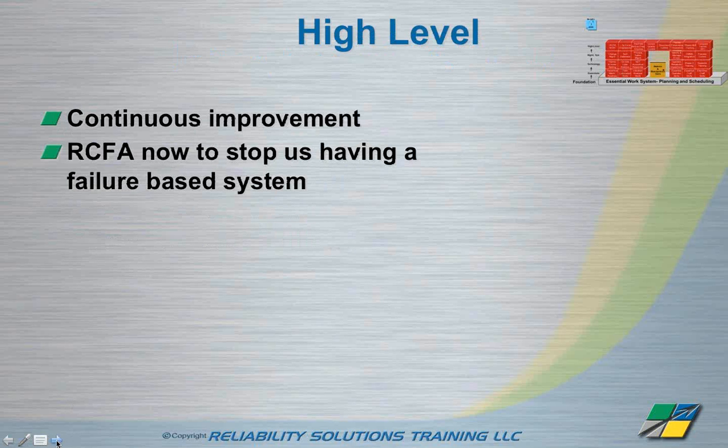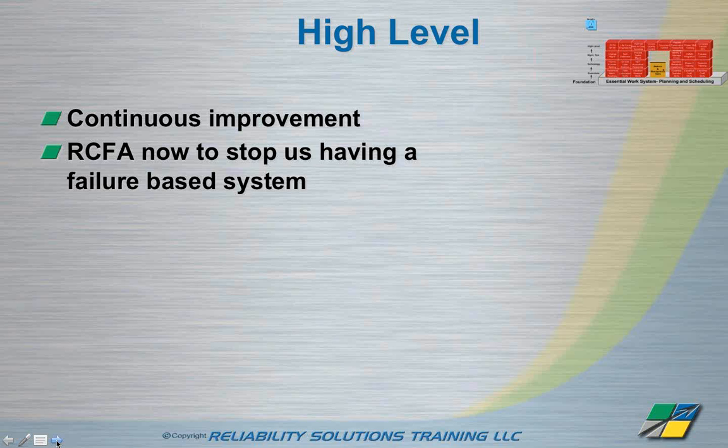At the higher level, we have things like continuous improvement. You notice that we have RCA, root cause failure analysis, at the highest level. So it comes later in the process, and we have a reason for that. The main reason is that if you do RCAs at the ground level and you start by doing RCAs, then you don't end up doing anything until you've had a failure and you've done an RCA.